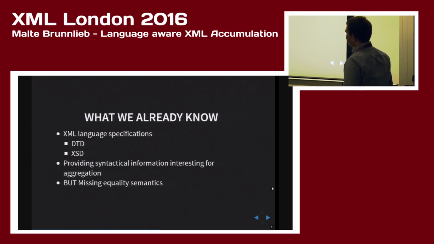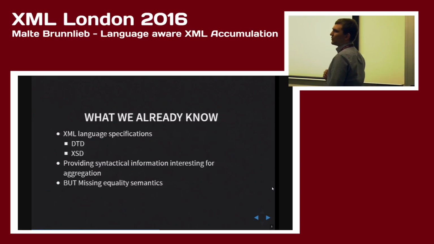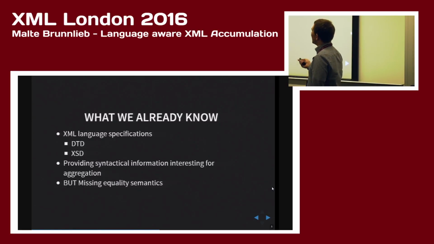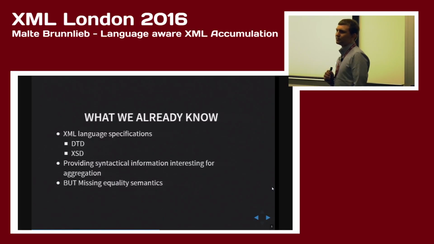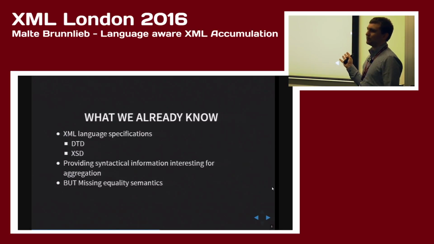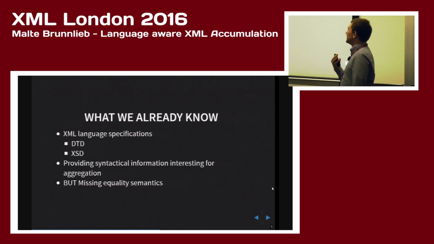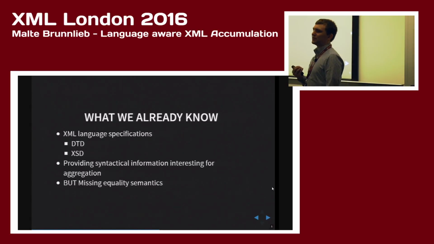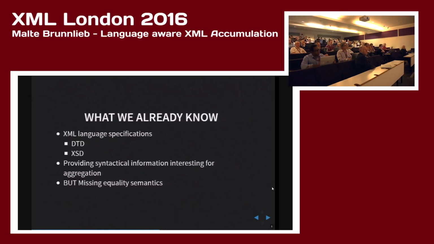And what we already know about the languages provided are the document definition or a schema. So we got some kind of syntactical information from these documents, but you will not get semantic details of these documents. And this is what we are missing for having very good results after aggregation of documents.